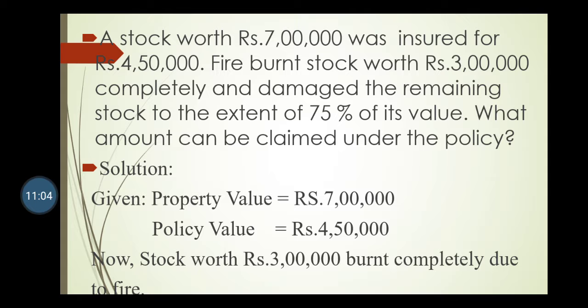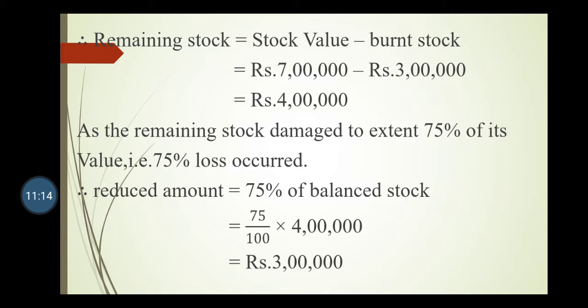Property value is equal to rupees 7 lakh, policy value equals 4 lakh 50,000. Now stock worth rupees 3 lakh burnt completely due to fire. Therefore remaining stock equals stock value minus burnt stock. Stock value is 7 lakh minus burnt stock rupees 3 lakh. So the remaining stock will be 4 lakh.